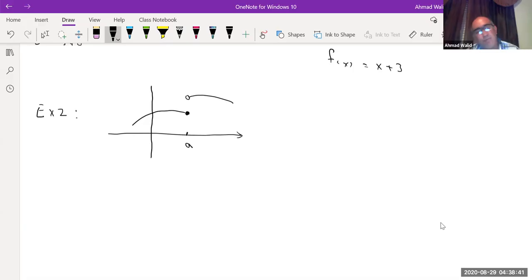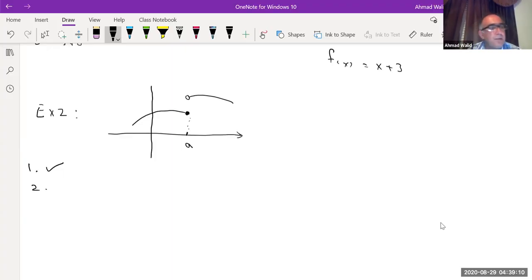Number 1 was f of A is defined. What do you think? Is f of A defined here? You see this closed circle at this end? It means f of A is defined. Then our function passes the first criterion.